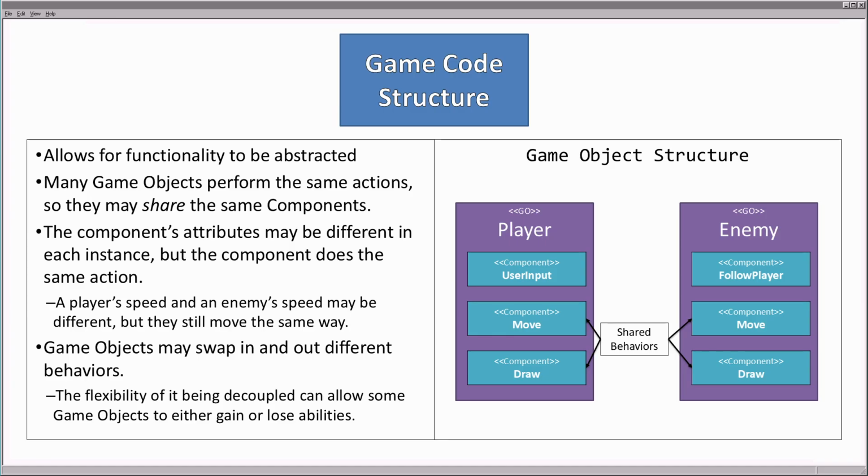The component's attributes may be different in each instance, but the component does the same action. A player's speed and an enemy's speed may be different, but they still move the same way. From a functional standpoint, they do the same actions, but with different values.